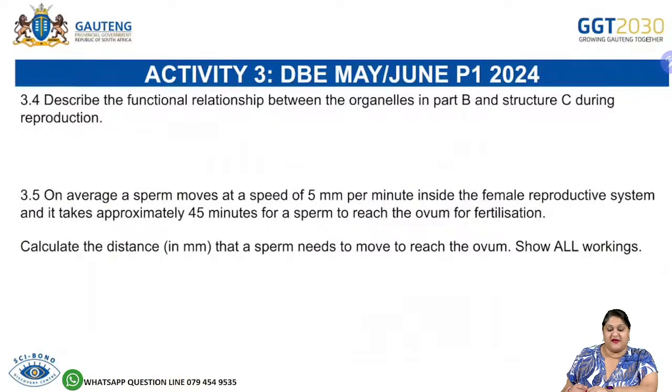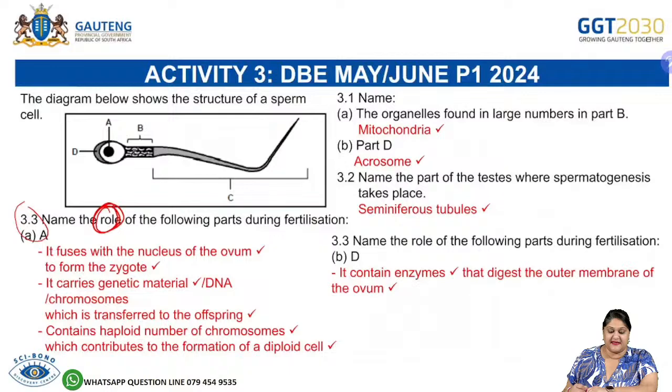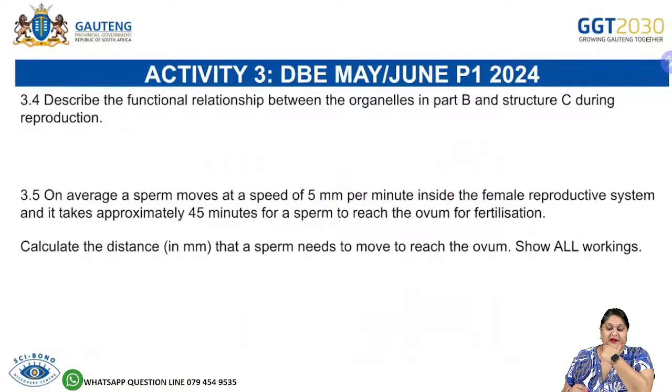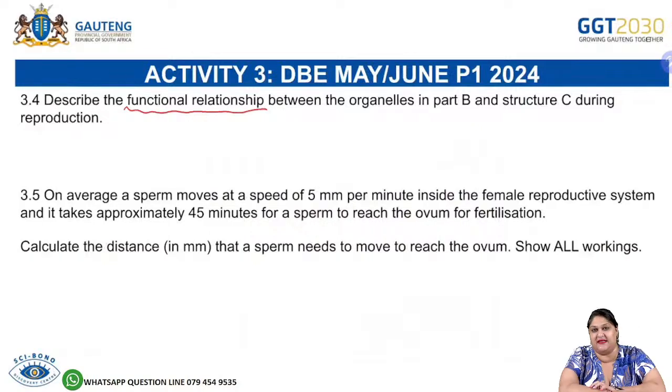Describe the functional relationship between the organelles in part B and structure C during reproduction. So we have part B and C. Part B is the neck, to remind ourselves, and part C is the tail. So what is the functional relationship between these two?